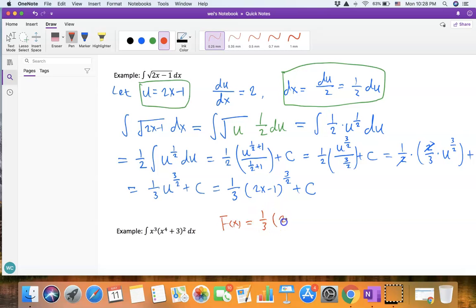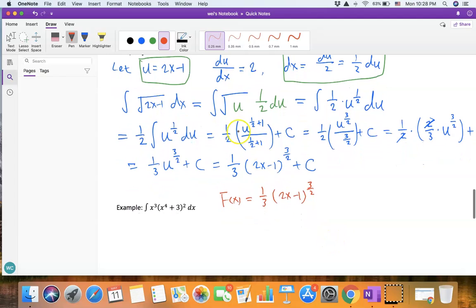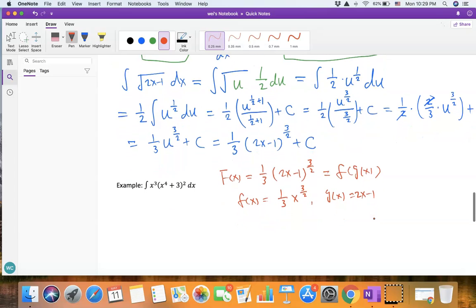So say I have a function like this. This function is a composite function. And in this composite function, the outer function is 1/3 times x to the power of 3 over 2, and the inner function is 2x minus 1.